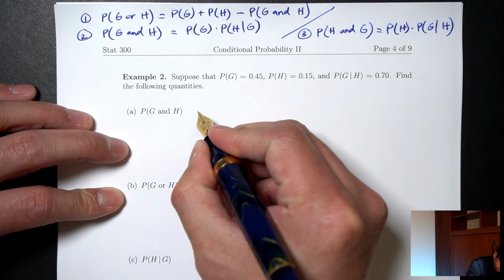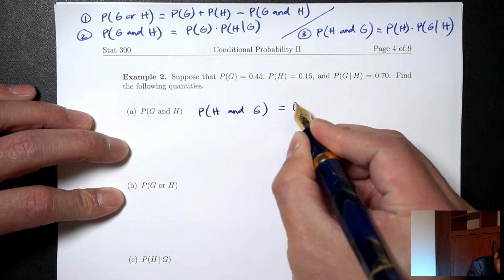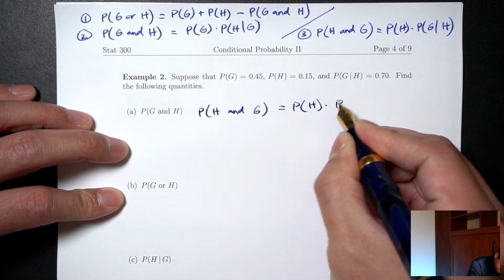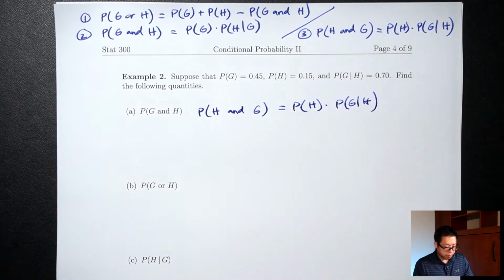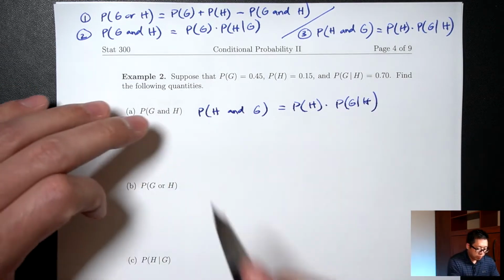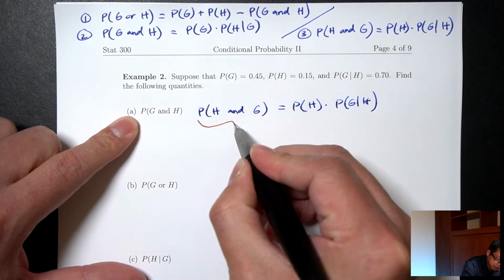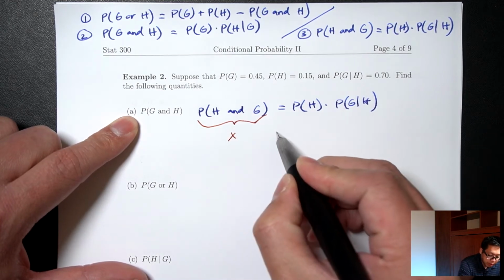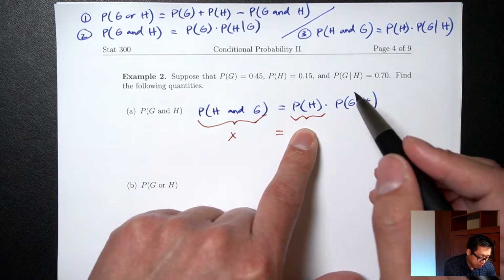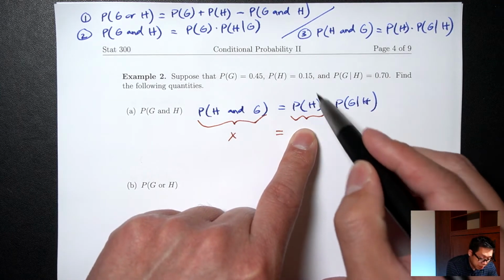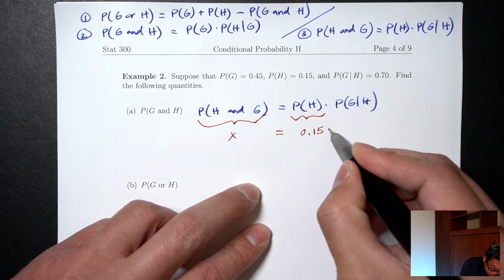Let me recopy it. Left side, probably H and G. That's actually what I'm looking for. So let me just call that the whole thing X equals probability of H. Do I know that? Yes, it's 0.15. So this entire thing is 0.15. There's a multiplication there.